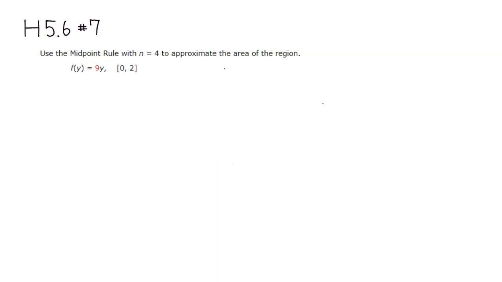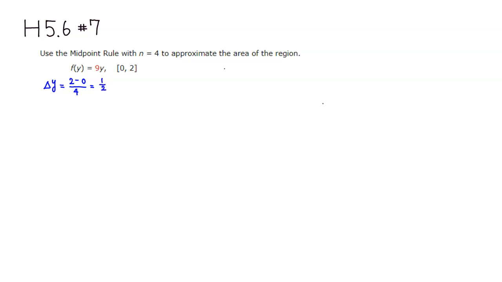As usual, we're going to try to find delta y. Delta y is going to be b, which is 2, minus a, which is 0, over n, and in this case n is 4. So it's 2 over 4, so it's 1/2. That's delta x.